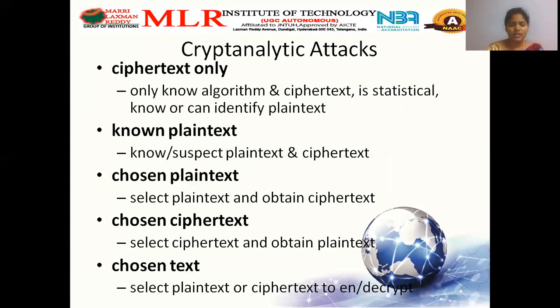Chosen plain text means we are selecting the plain text and obtaining the ciphertext. Chosen ciphertext means we are selecting the ciphertext and obtaining the plain text. Chosen text means we select the plain text or the ciphertext to encrypt or decrypt.